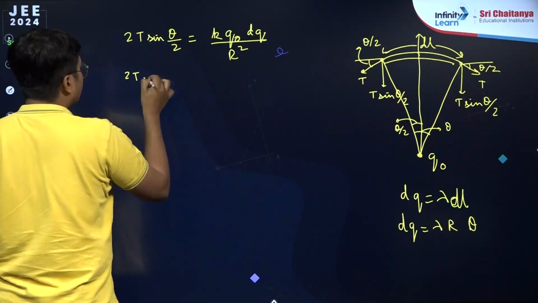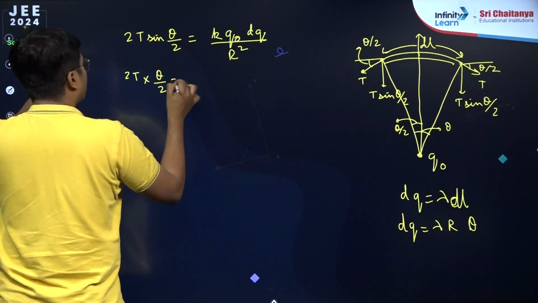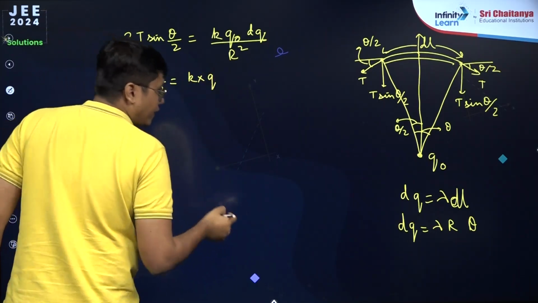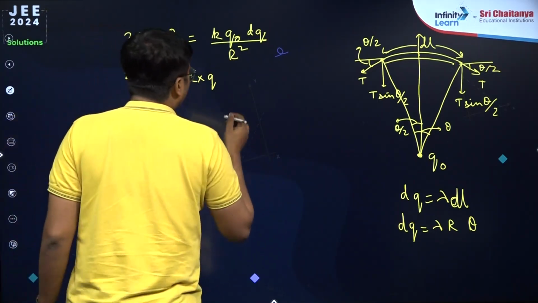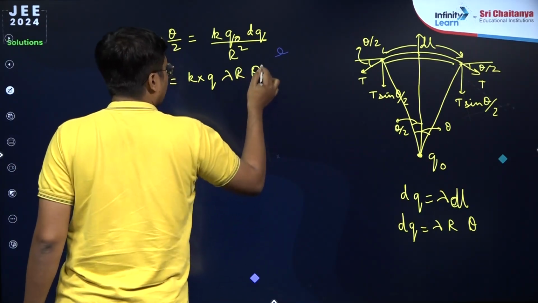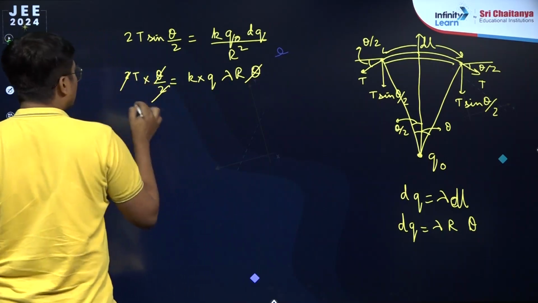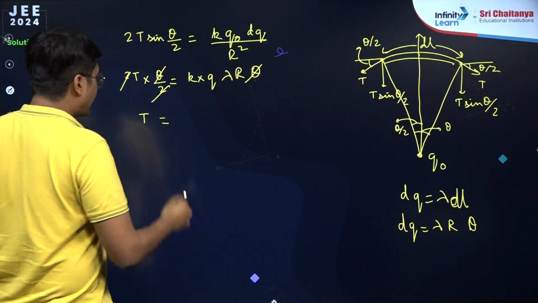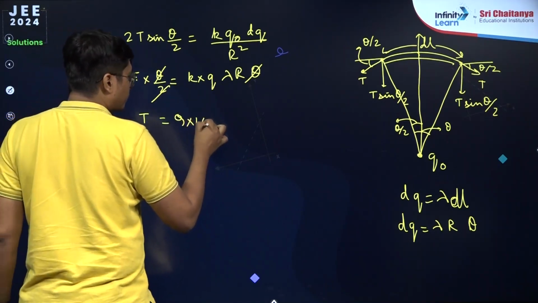So we'll have 2T into theta by 2 is equal to k q naught into dq, which is lambda r into theta. Cancel the thetas out, cancel the 2's out. T is equal to k q naught lambda r. What is k? K is 9 into 10 to the power 9.